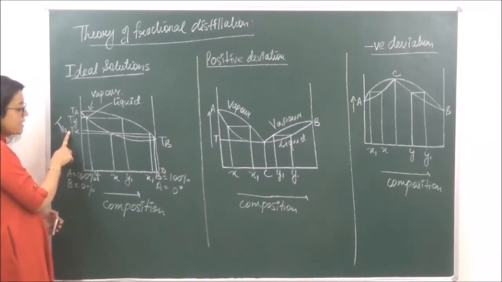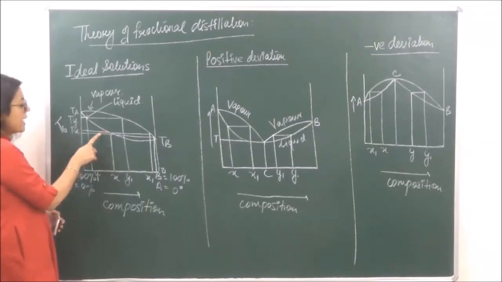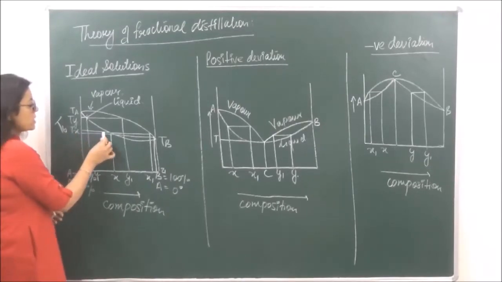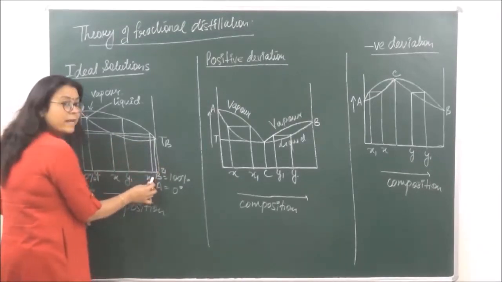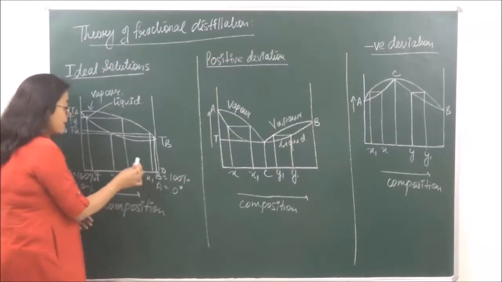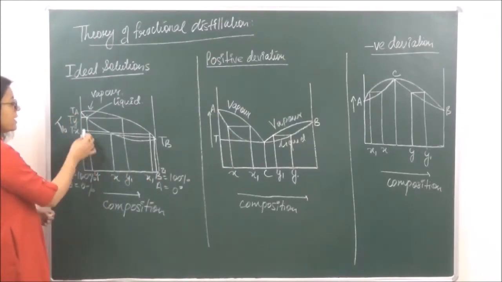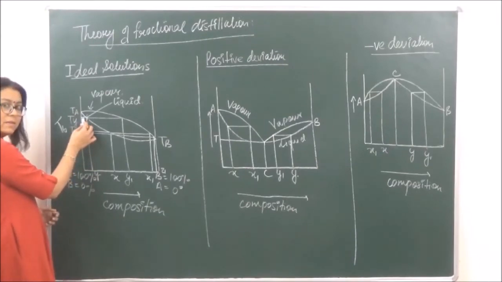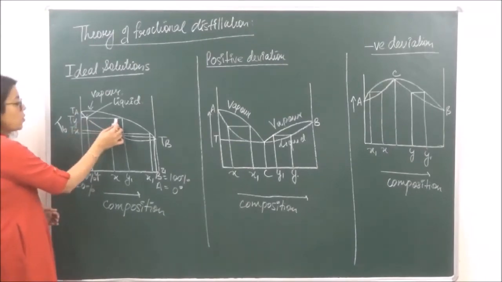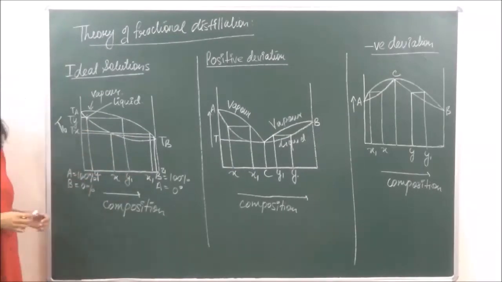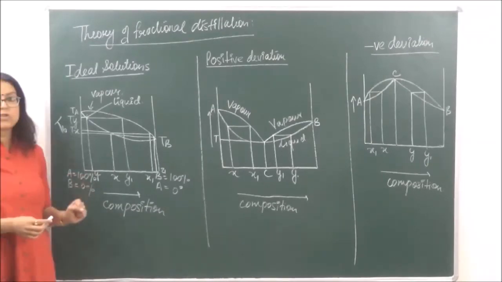So at Tx it starts boiling, and the composition of the vapor phase at Tx, you can see over here, comes to X1. Similarly, we are taking composition Y at Ty, and the composition at Ty for the vapor phase is going to be equal to Y1. So we have different compositions over here.